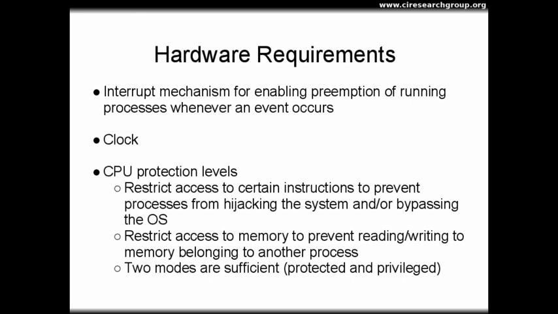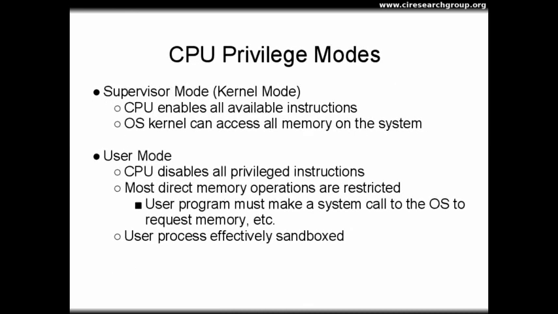Two CPU protection levels are sufficient: a protected mode and a privileged mode. These modes are also called supervisor mode or kernel mode, and user mode. In kernel mode, all instructions on the CPU are enabled, and the kernel can access all memory on the system.